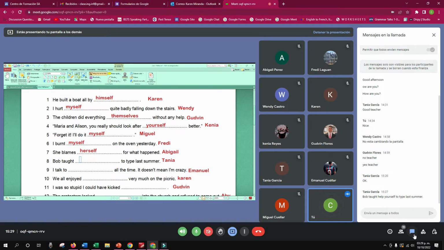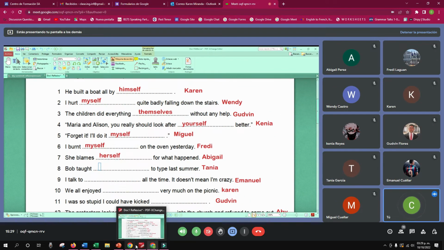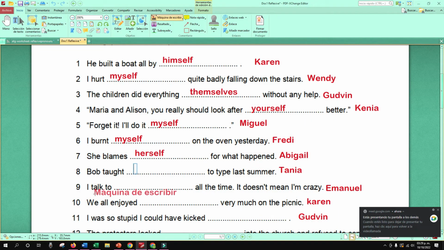Bob taught yourselves to try the last summer. No, Miss Tania. ¿Cuál es el sujeto? Bob, ¿verdad? Si reemplazamos ese nombre por un pronombre, utilizaríamos he, ¿verdad? Entonces, en ese caso, Miss Tania, sería himself. Bob taught himself last summer, okay? So check that one.